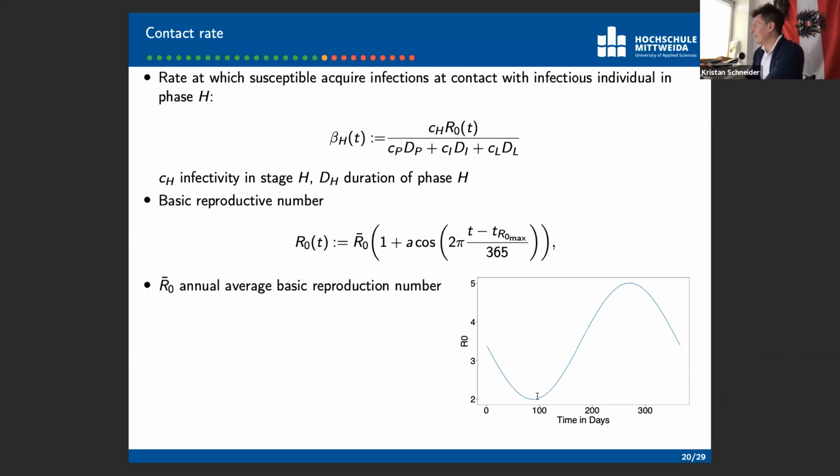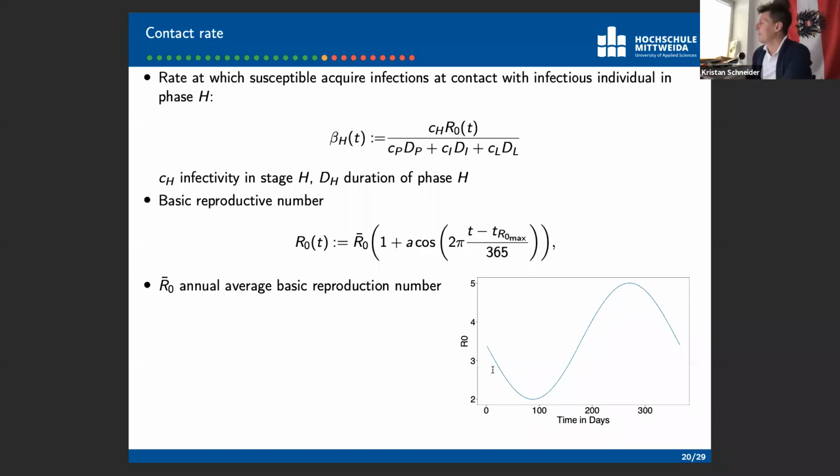Then it's getting spring and summer, and R0 is going down, and then it's going up again and peaks in the flu season in late December, essentially correlating perfectly with the UV radiation that you experience in that spot.